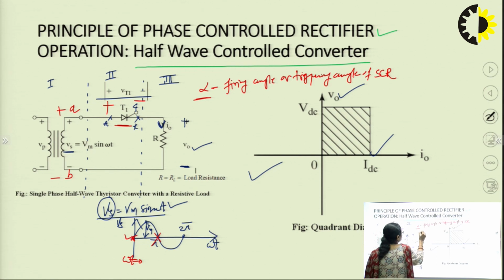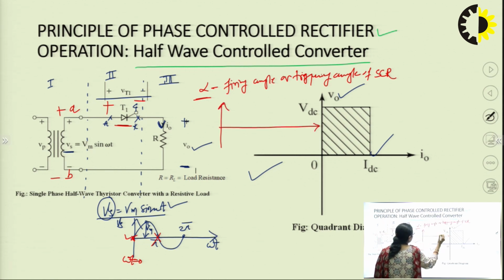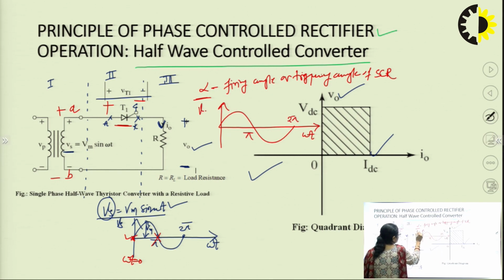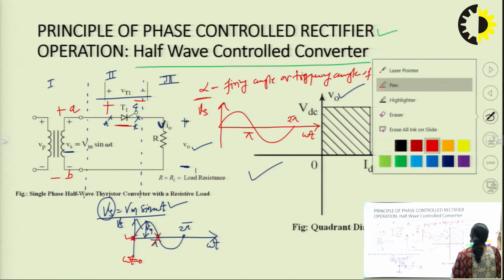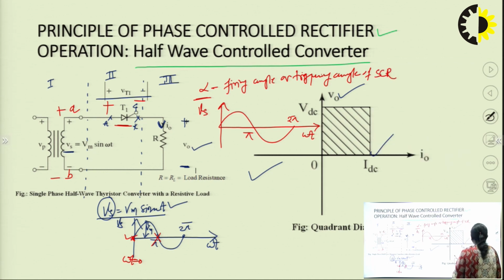Let me redraw the source voltage waveform with more clarity to explain what is actually happening to the thyristor when it is triggered. Here, I have drawn only a single cycle of the source voltage. To show the gate current over the same axis, let me change the color of the ink.